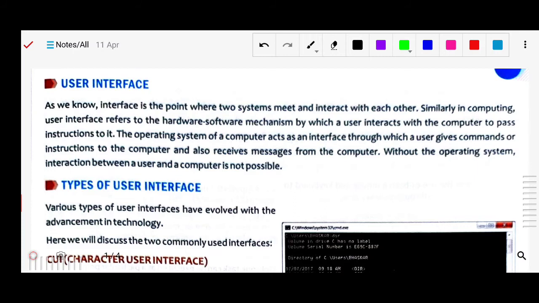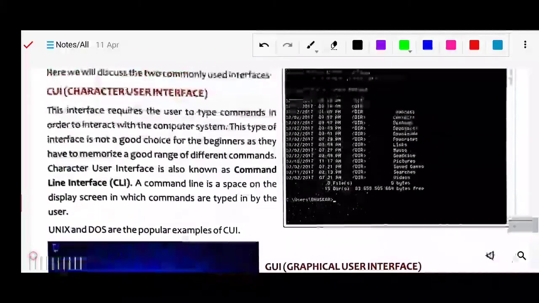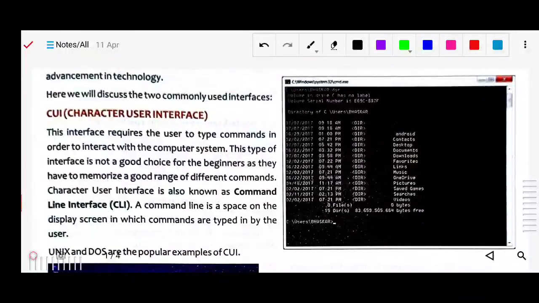The first type of user interface was called CUI, character user interface, where we interact with the computer with commands.